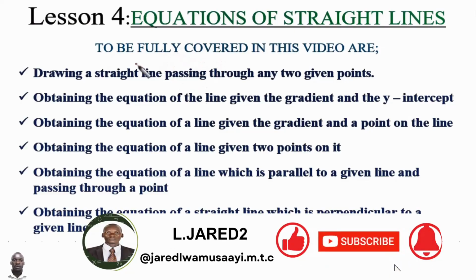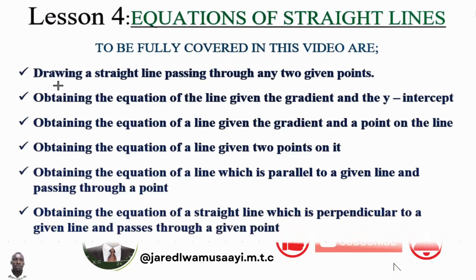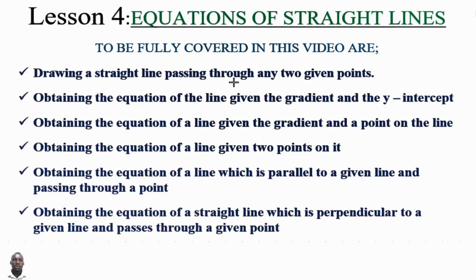In this video, we are going to fully cover the following. Number 1, we are going to learn how we draw a straight line passing through any two given points. We are also going to learn how to obtain the equation of a line given the gradient and the y-intercept. Also learn how we obtain the equation of a line given the gradient and a point on that very line.